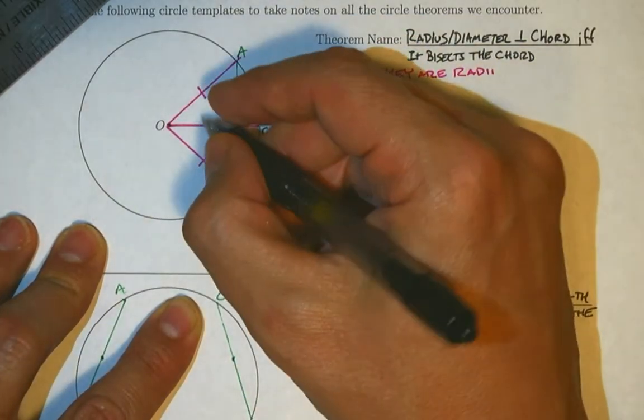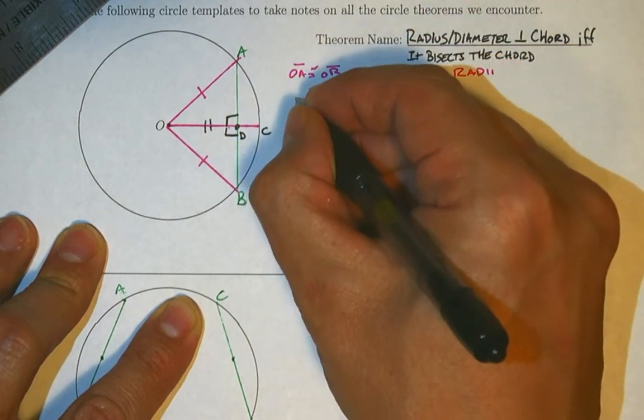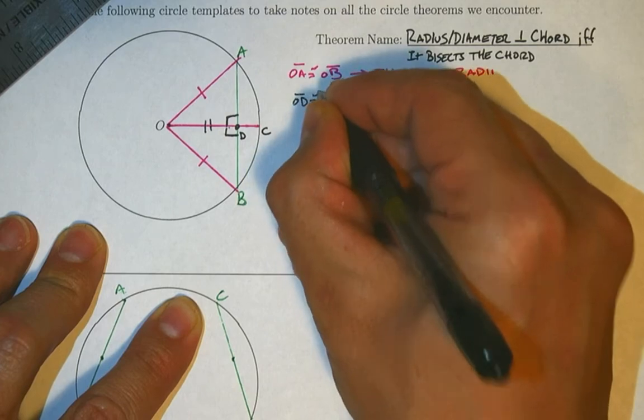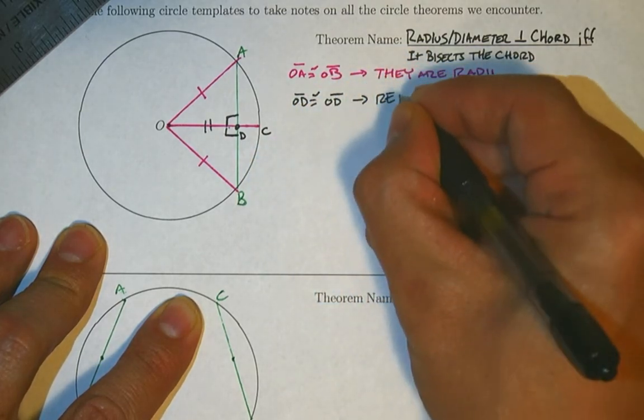What we can also do here is we can say that OD is congruent to itself. OD is congruent to OD. That's the reflexive property, our favorite.